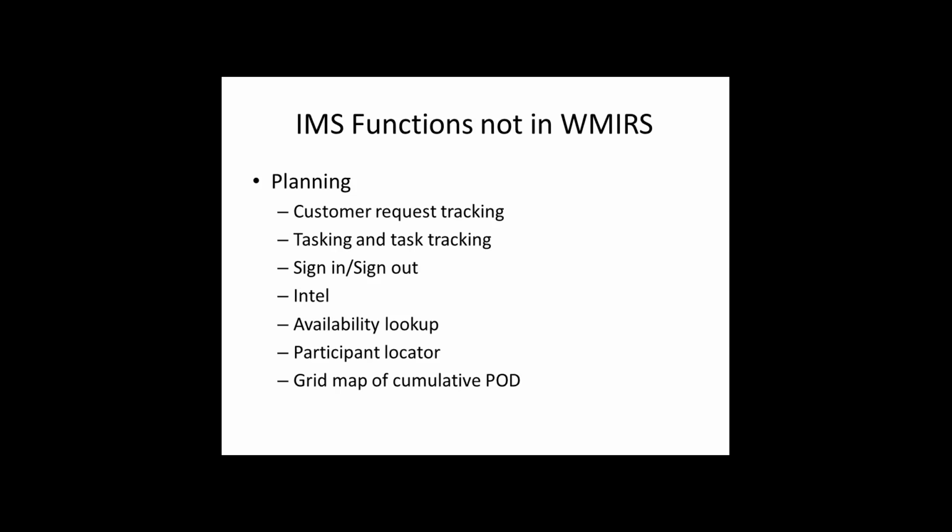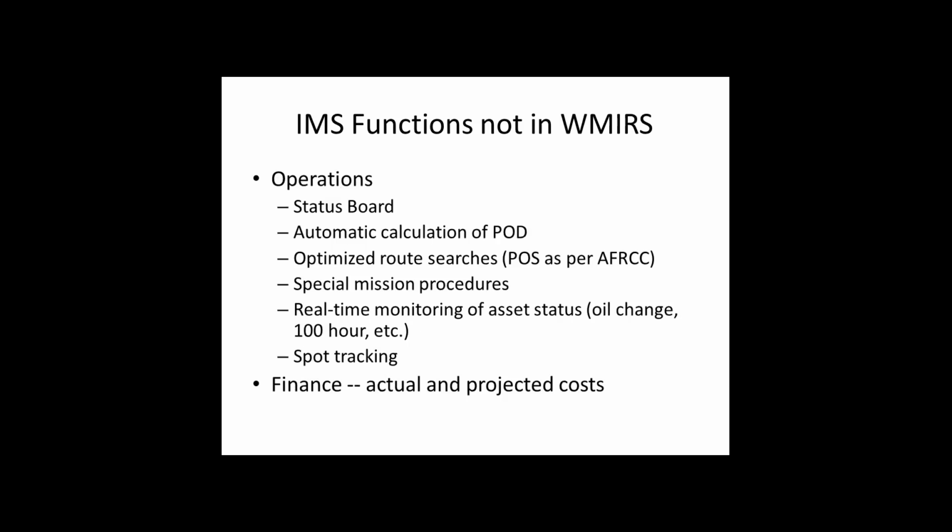There's no participant locator. If someone calls and desperate that the child is ill and the husband has to be found, good luck figuring out where that person is from WMIRS. And of course we have our grid maps of cumulative probability of detection in the IMS and not in WMIRS. The status board in WMIRS is not usable.